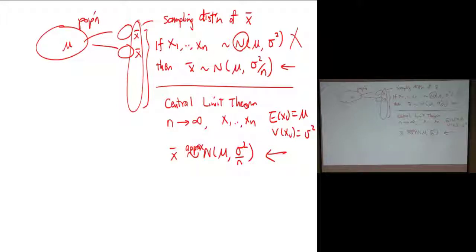How good the approximation is, that is a difficult question. As a rule of thumb, usually when the sample size is bigger than 30, we presume the approximation should be quite good. In fact, the approximation depends on the underlying distribution.